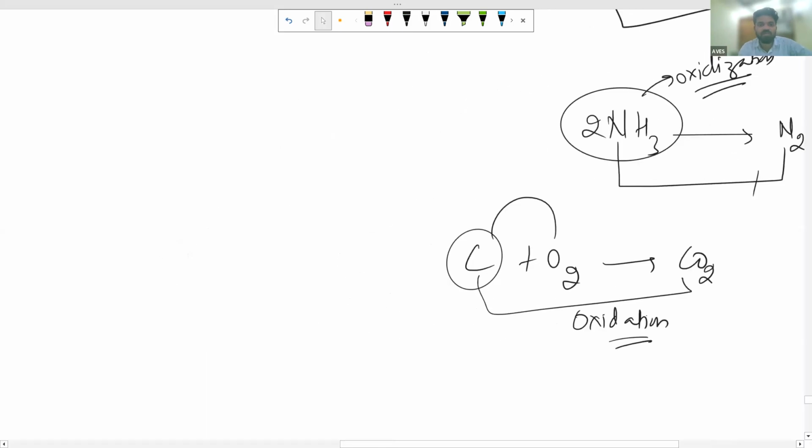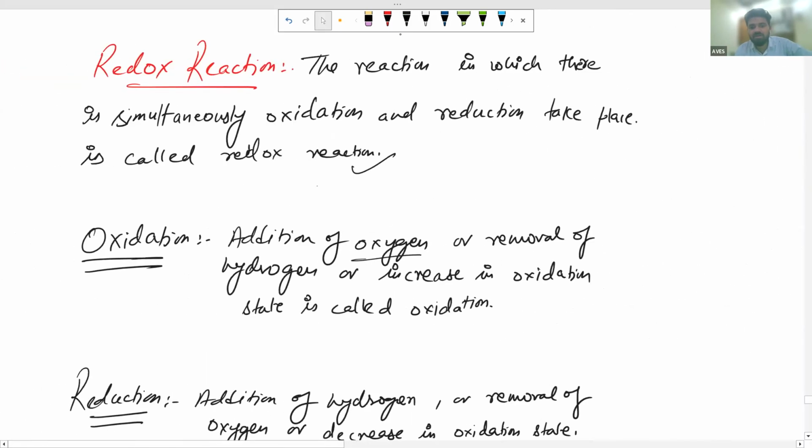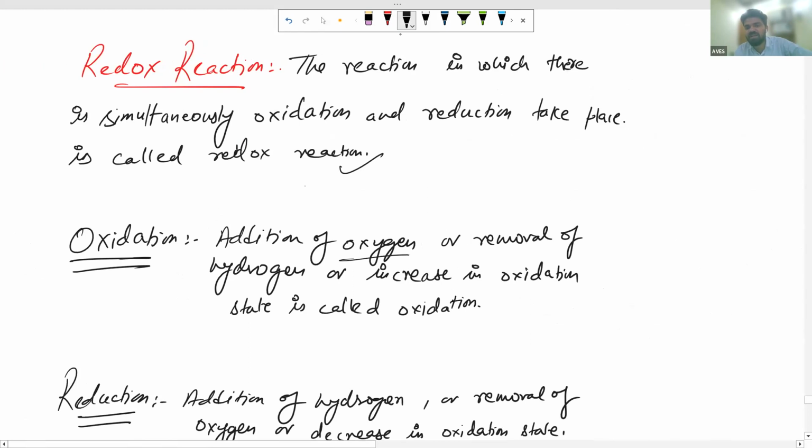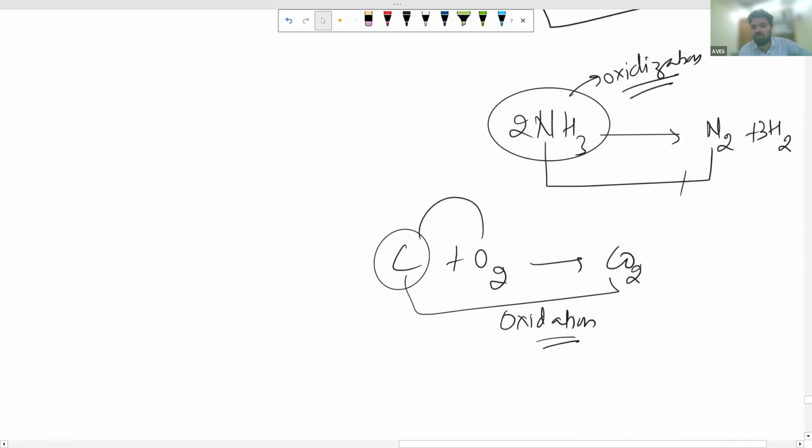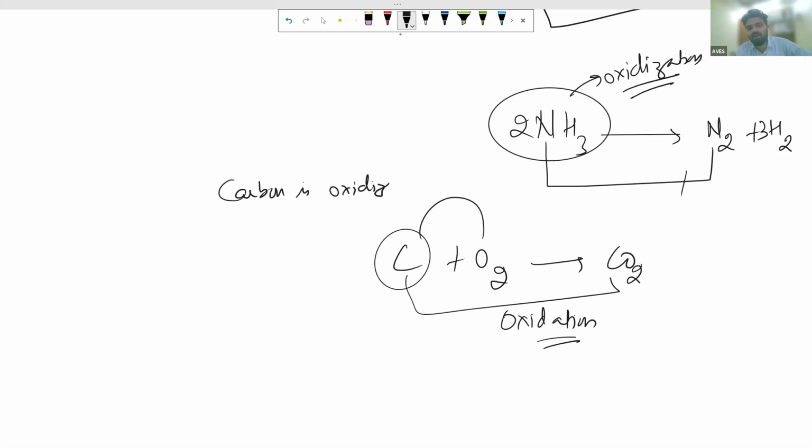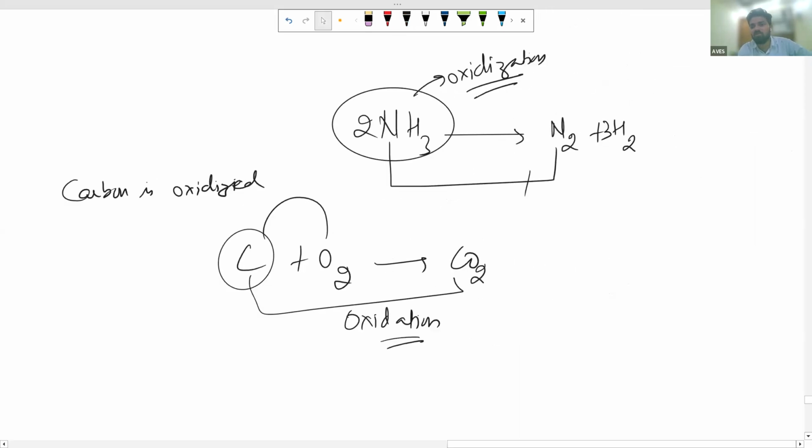So what is oxidation? The addition of oxygen, or removal of hydrogen, or increase in oxidation state is called oxidation. If oxygen is being added, then carbon is oxidized. Similarly, from ammonia hydrogen is being removed, so ammonia is also oxidized.